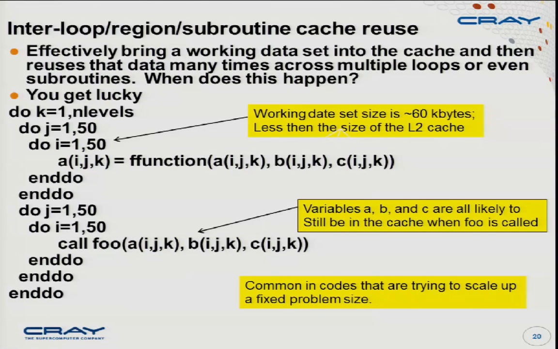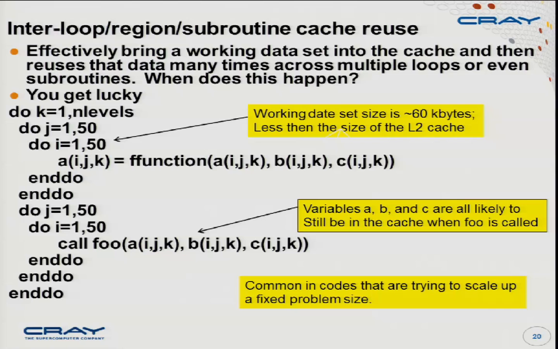A classic symptom of this is when you are drawing your scaling curve and you can see a super linear speedup, that you double the number of processors and you go more than twice as fast. I would say the most common reason you went more than twice as fast is that you got better cache reuse and better memory utilization, so your processor was running faster.